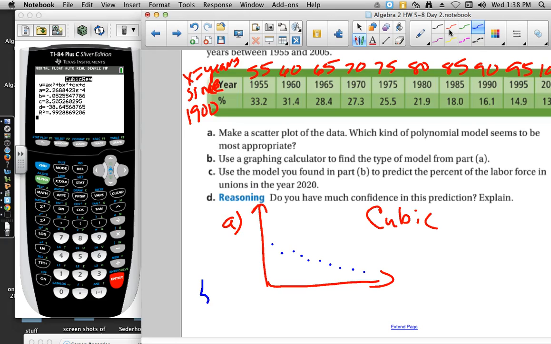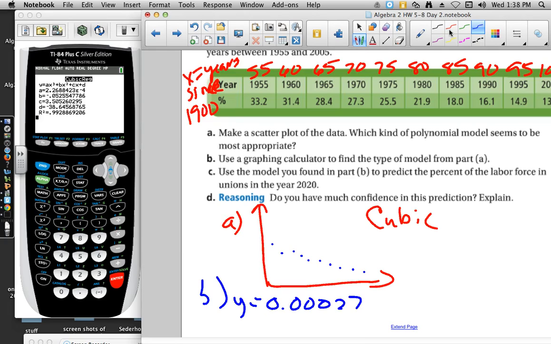So for B, with a cubic, we have y equals 2.2688423 times 10 to the negative 4th. So that is 0.1230, and maybe I'll just put 27 down there.